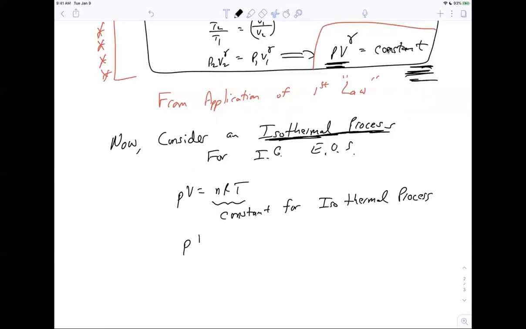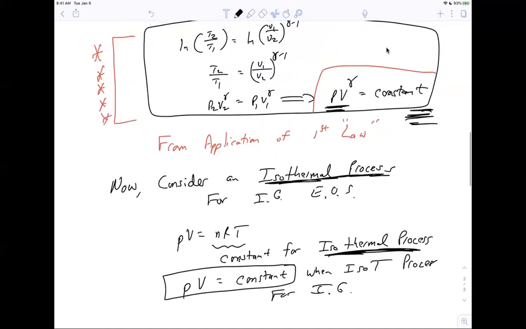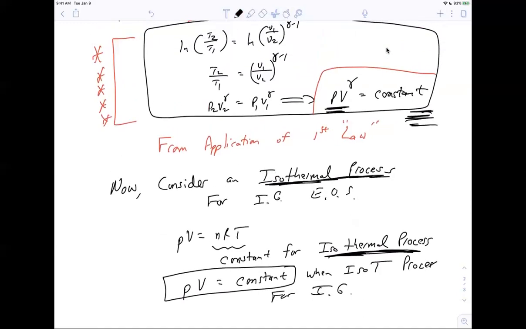Therefore, we can write PV is equal to a constant when we have an isothermal, and I'll just say iso-T process for ideal gas. Okay, so we see here PV is equal to a constant when we have isothermal, whereas up above, we had P times V raised to the gamma as a constant when we have adiabatic and reversible.